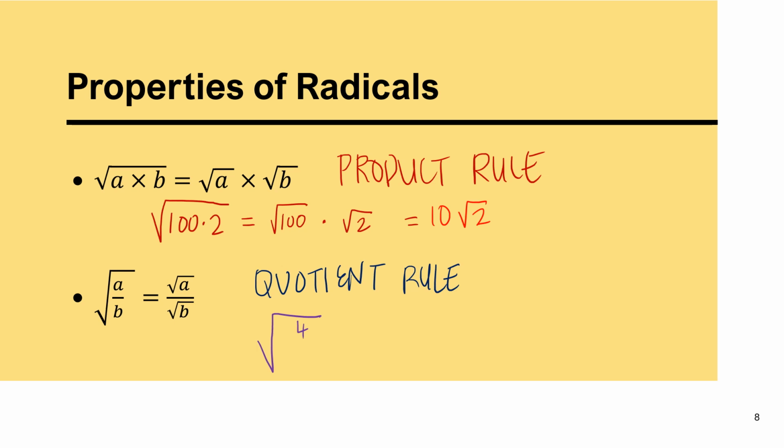So if you had something like square root of 4 over 81, you could say that's the same thing as square root of 4 over the square root of 81, and then simplify each of those. 4 and 81 are both perfect squares. The square root of 4 is 2, and the square root of 81 is 9. 9 times 9 is 81.